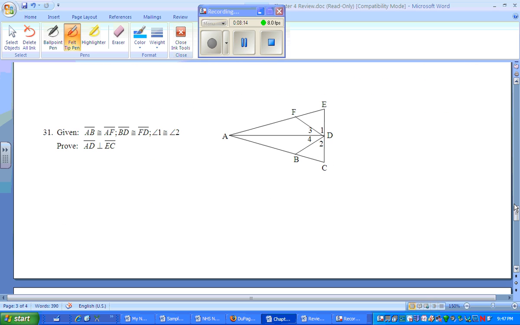3 left. 31, AB is congruent to AF. BD is congruent to DF. Angle 1 is congruent to angle 2. Prove that AD is perpendicular to EC.